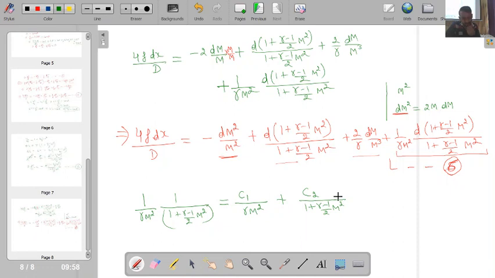So I have factored it in the form of C1 by gamma M square plus C2 by 1 + (gamma minus 1)/2 M square. Now I have to find out the values of C1 and C2. In order to find them, let's first take the LCM on the right hand side.